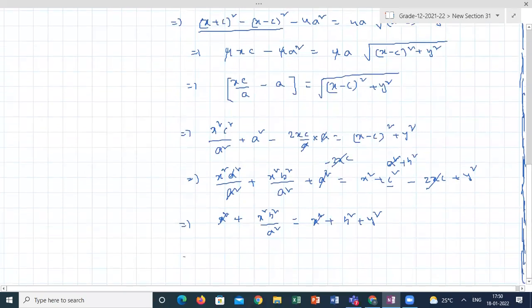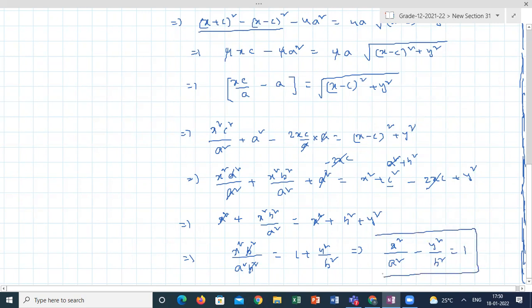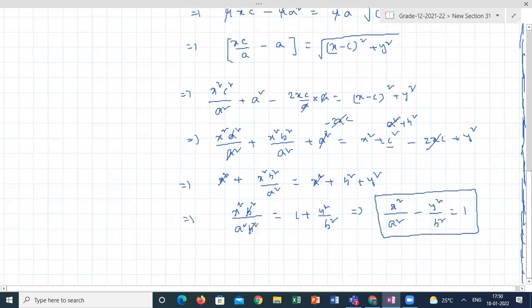If I am dividing everything with b square, x square b square by a square b square is equal to 1 plus y square by b square. So again b square cancels. Finally I am getting x square by a square minus y square by b square is equal to 1. This is the simplest form of the equation of hyperbola.